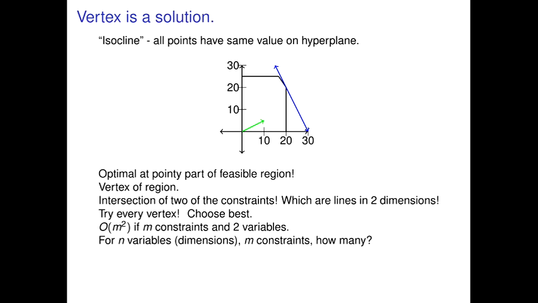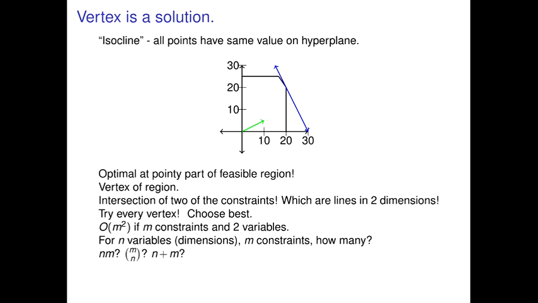Okay, but now let's talk about higher dimensions. If you have more variables, that also corresponds to a higher dimensional space. And now you have m constraints. So now how many vertices could there possibly be? So what do you think? Now you need to think back to linear algebra.